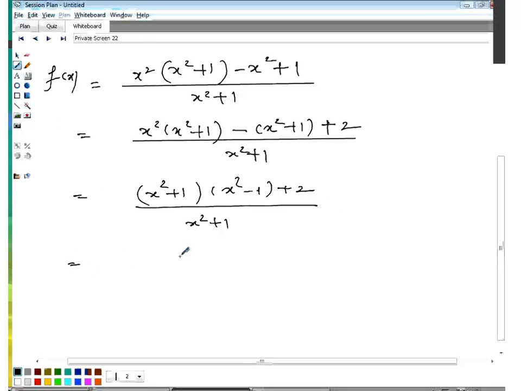So we have x square minus 1 plus 2 upon x square plus 1. Now this integral is quite easy. This will be tan inverse. Let me know if you have further questions.